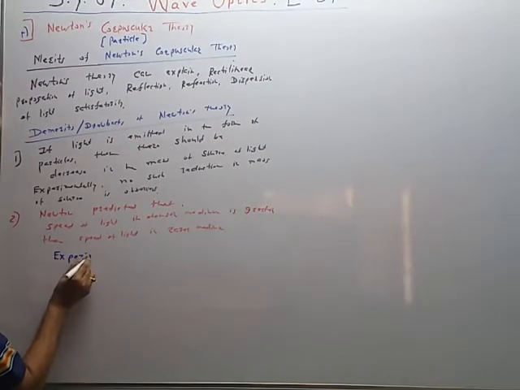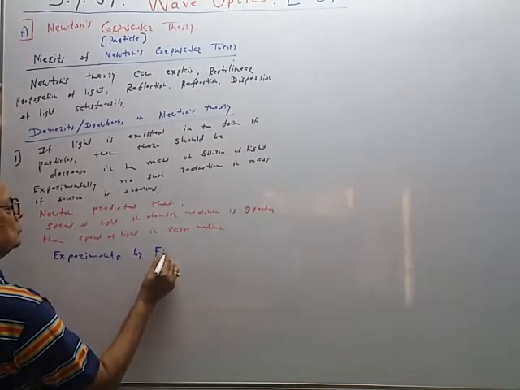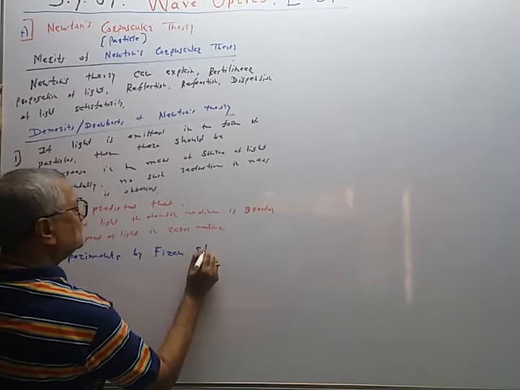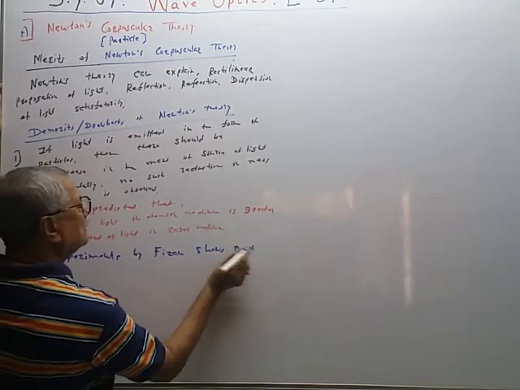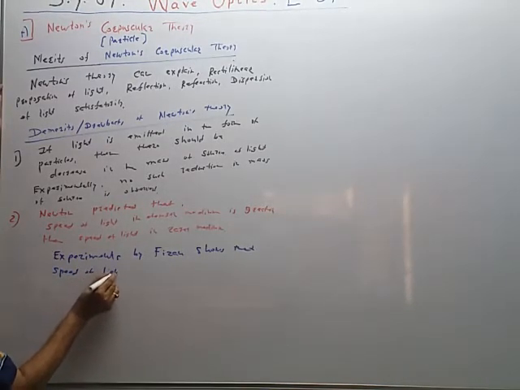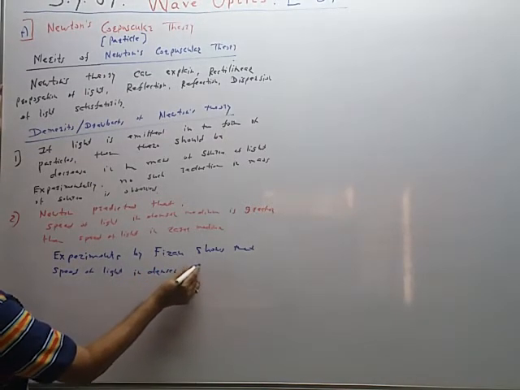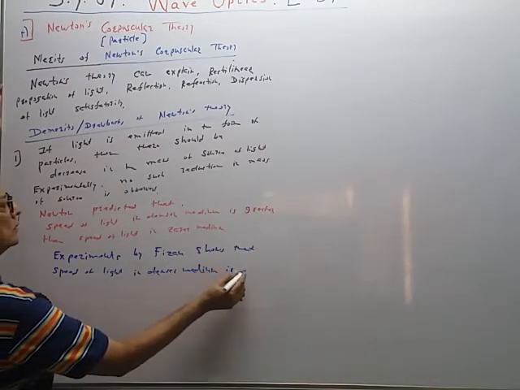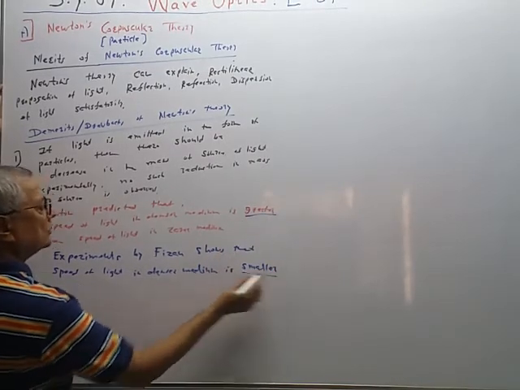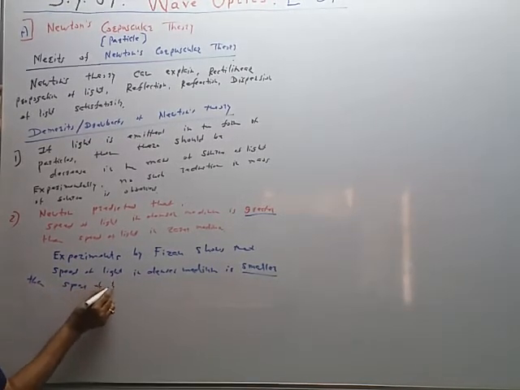We can use this experiment even nowadays. The experiment by Fizeau shows that the speed of light in a denser medium is smaller than the speed of light in a rarer medium.